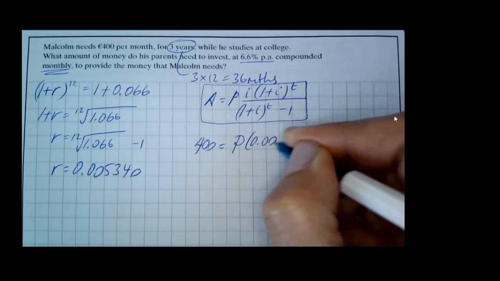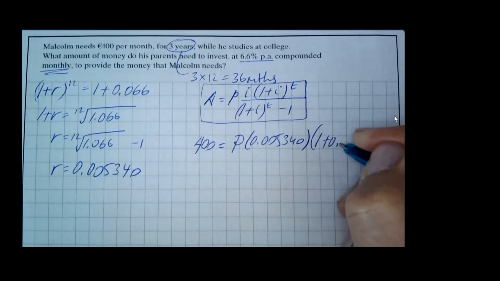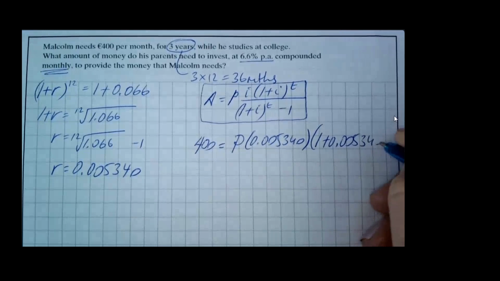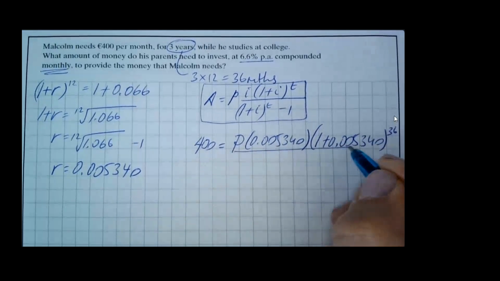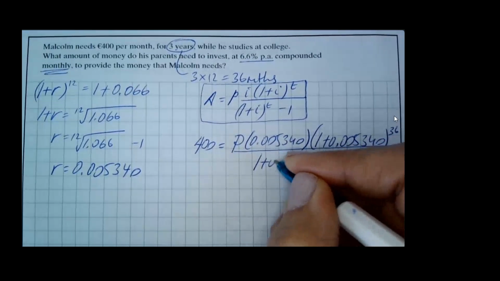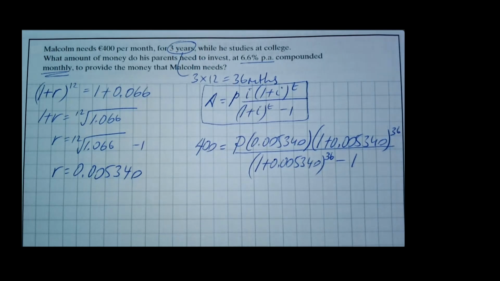Okay, so subbing in everything into the formula. Okay, so we have everything filled in there now. So I'm going to work out, obviously I can't put P in the calculator, but I'll put everything else into the calculator then.